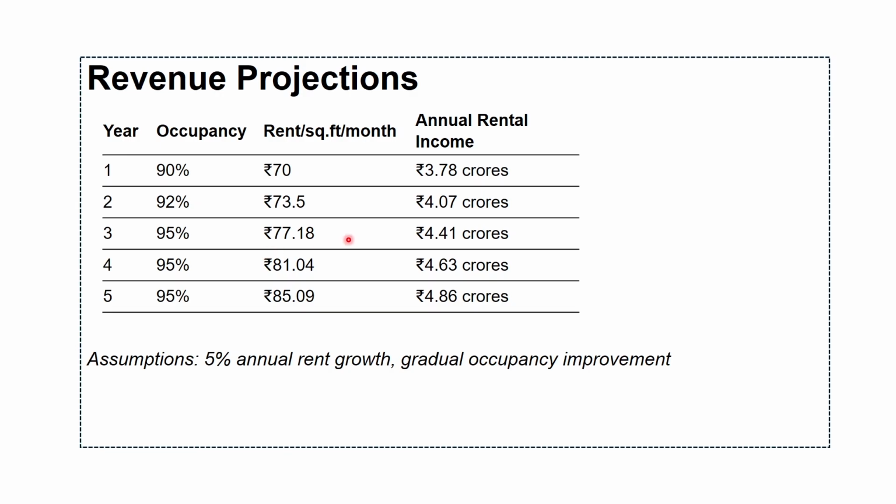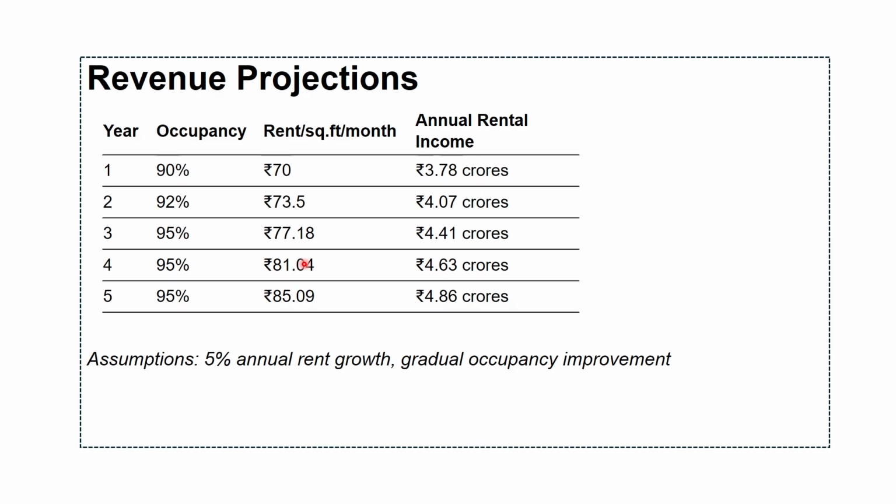By year 3, occupancy reaches our target of 95% with rent at 77.18 per square feet, producing 4.41 crores annually. In year 4 and 5, occupancy remains stable at 95%, while rents continue growing to 81.04 and 84.09 rupees per square feet respectively, generating 4.63 and 4.86 crores.